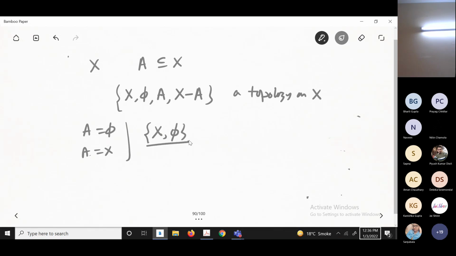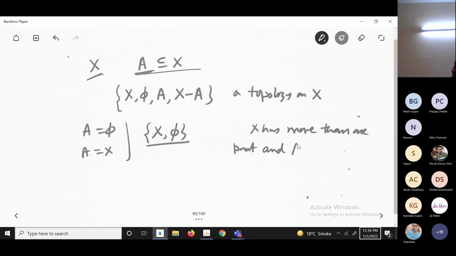Understood? Okay. That means if you want to avoid the trivial topology, A has to be a proper non-empty subset. But in that case, X should have more than 1 point, because only then can you have a non-empty proper subset.